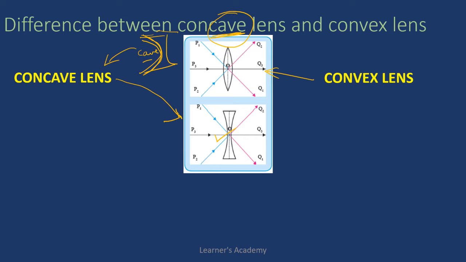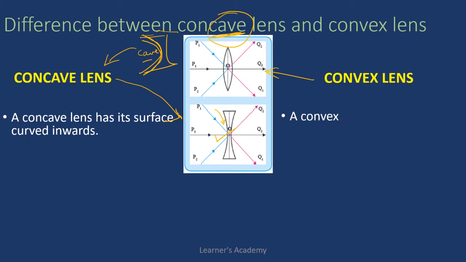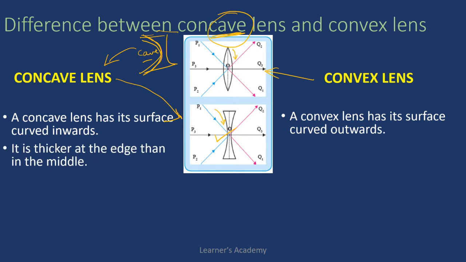Now let us go see the point-wise differentiation. A concave lens has its surface curved inwards. So you can see this surface is curved inwards. On the other hand, a convex lens has its surface curved outwards. All right. Now the second point of difference is, it is thicker at the edge than at the middle.